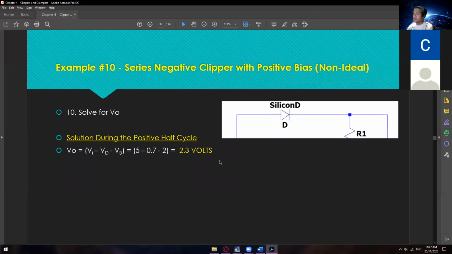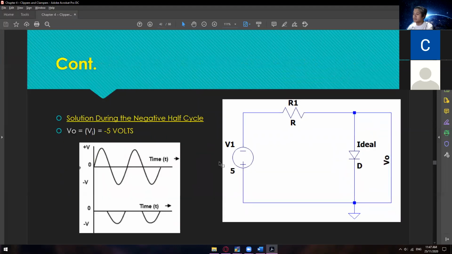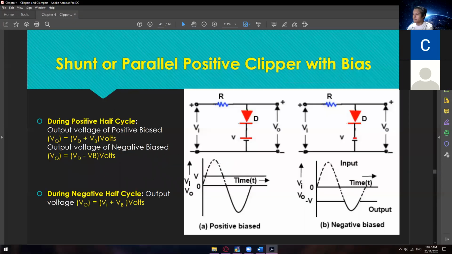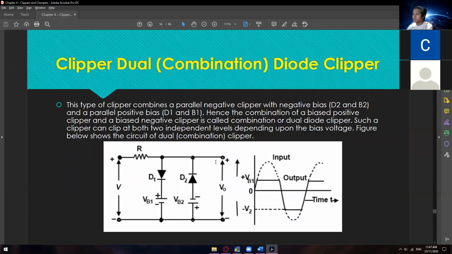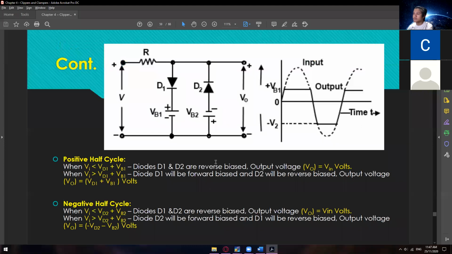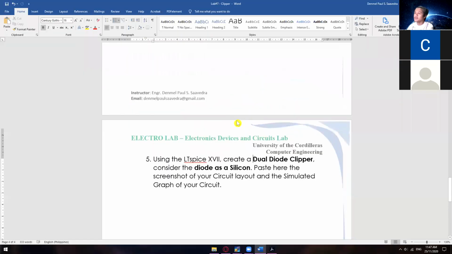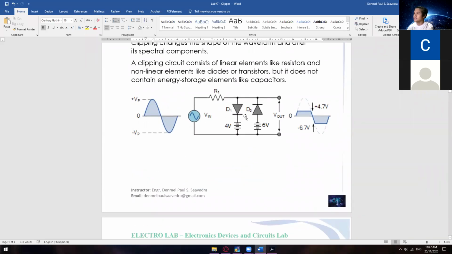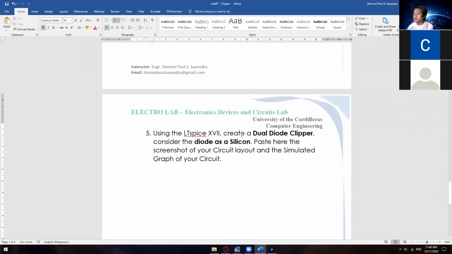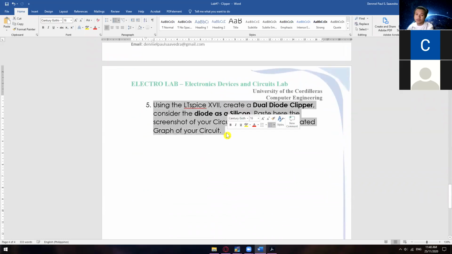Let's find that waveform. Your waveform will become like this or like this in the example. So this one is already a dual clipper wherein it can clip the positive cycle and the negative cycle. This one is actually like a bonus already.